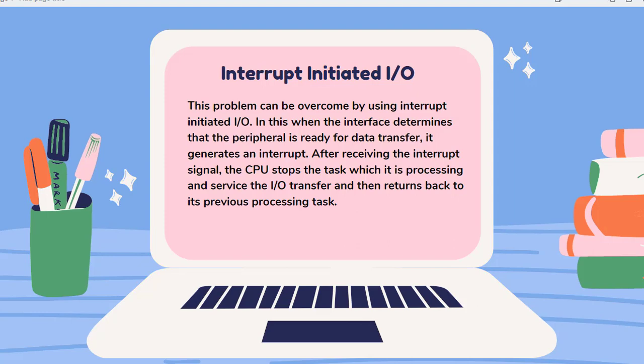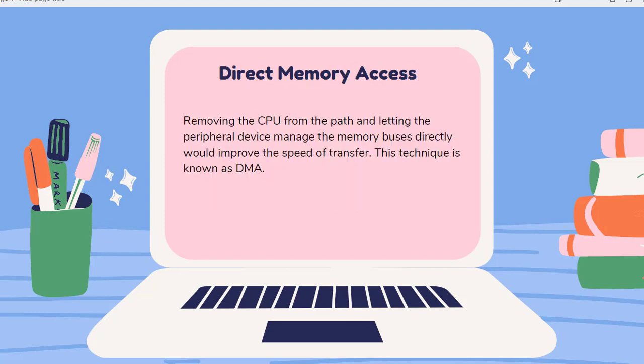In this, when the interface determines that the peripheral is ready for data transfer, it generates an interrupt. After receiving the interrupt signal, the CPU stops the task which it is processing and serves the I/O transfer and then returns back to its previous processing task.